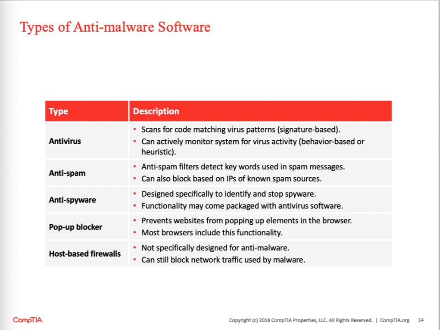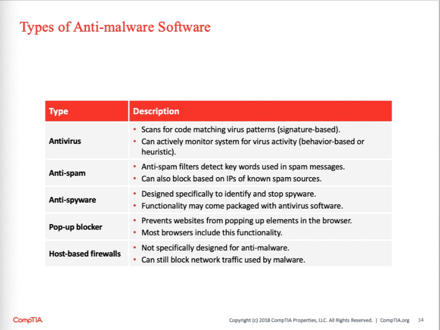We can also actively monitor the system for different virus activity. So this could be behavioral based, where this type of virus acts in a certain way, or it could be heuristic, which is similar to behavioral based, but it kind of uses machine learning to try to figure things out as well.